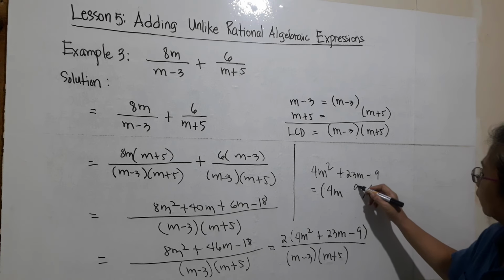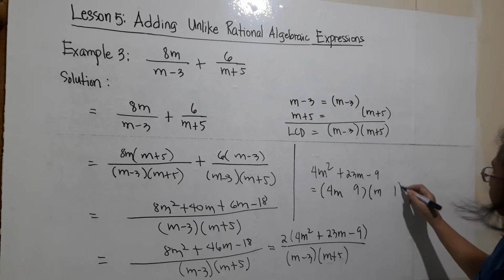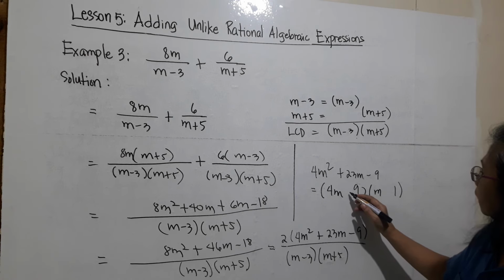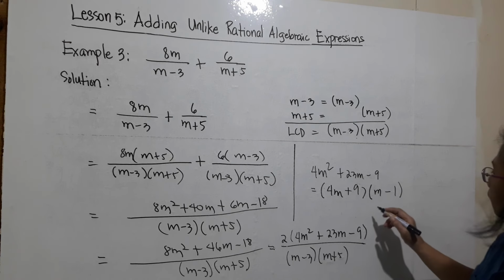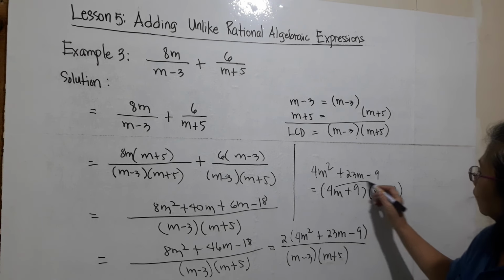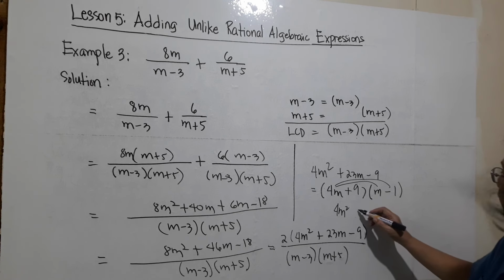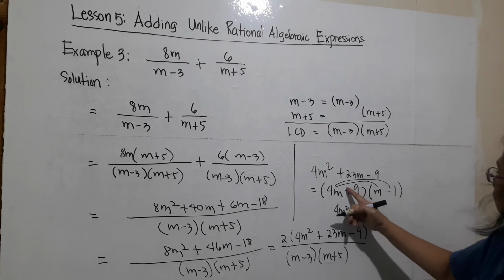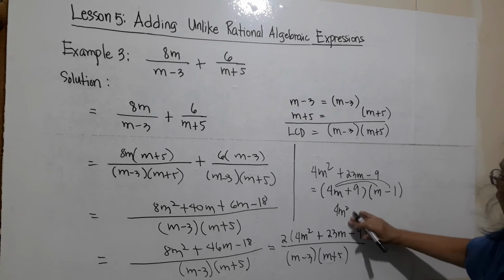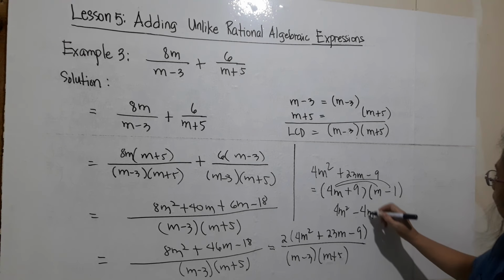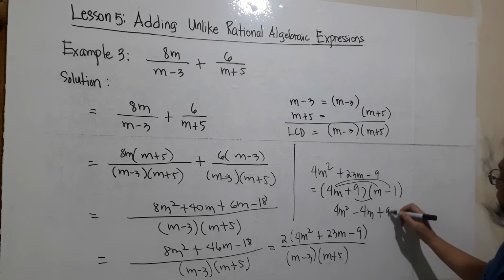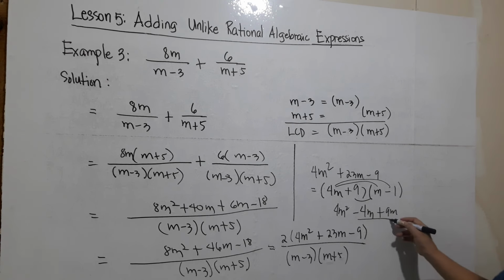Let's have 9 and let's have 1 here. One should be positive and one should be negative. Let's try. This is 4m squared. This will be positive, and negative 4m, and this is positive 9m. Can't be. This only gives 5m squared.